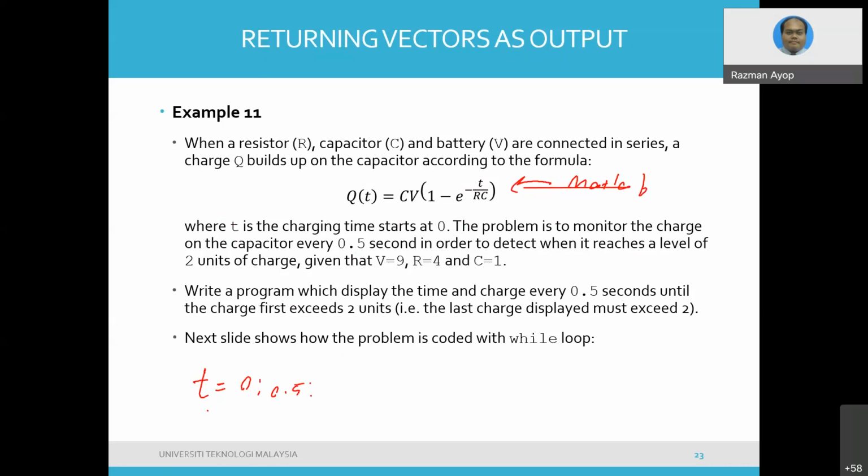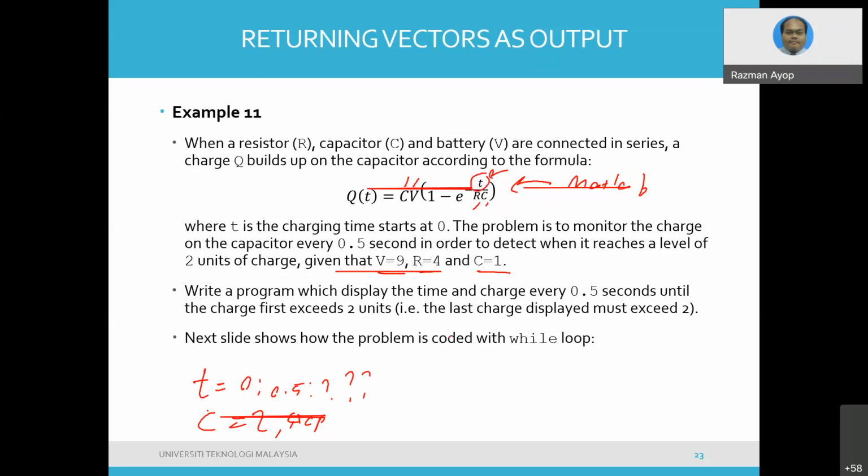It doesn't tell when the time ends, but it wants to know when the charge is 2. Stop. Given that V is equal to 9, R is equal to 4, and C equals to 1. So these are constants, so no need to worry about them. The change is only T.